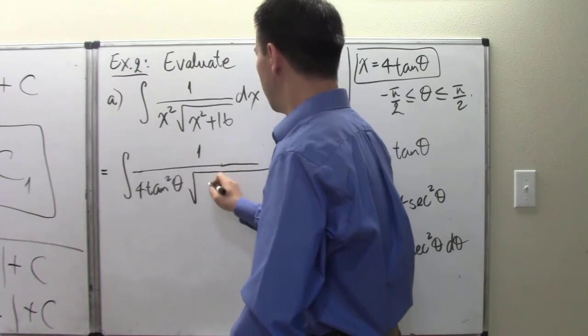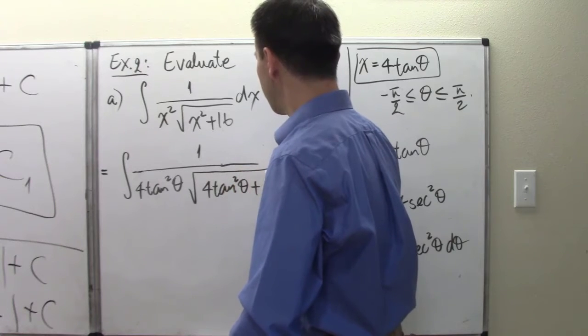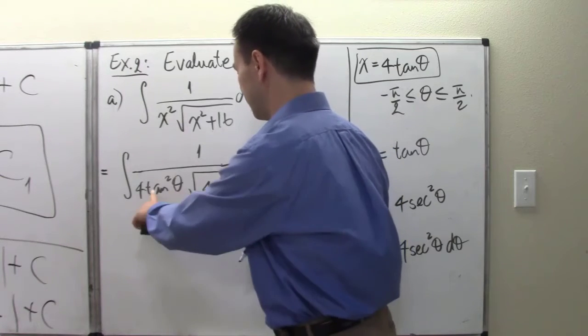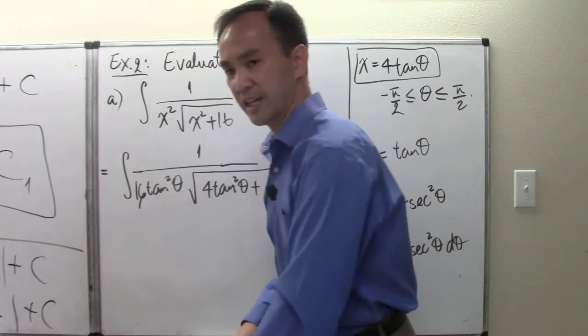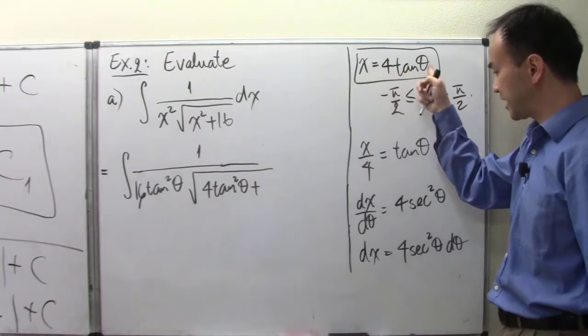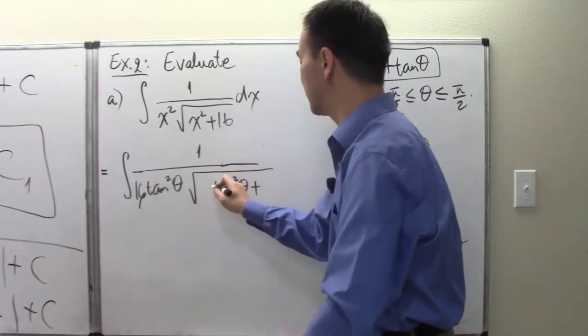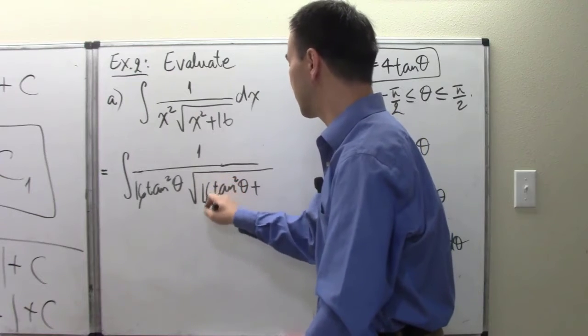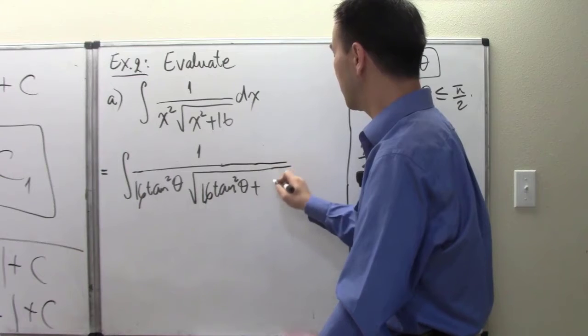Square root of 4 times tangent squared theta plus 16. And I'm lying already. This is supposedly 16 because the 4 also gets squared. Our x equals 4 tangent theta, so it needs to be 16 tangent squared of theta. Allow me to go a little brief in the little algebra steps like that. And then plus 16.